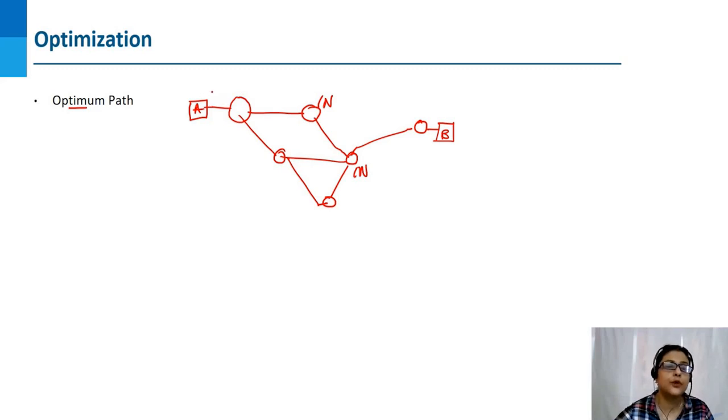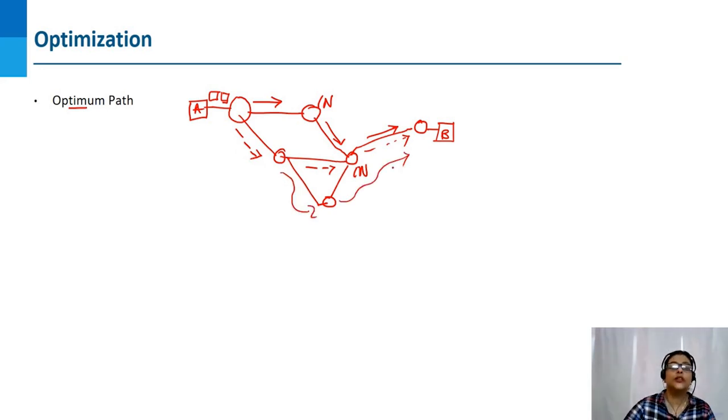Optimum path means suppose A wants to send 2 packets to B. So which path should it take? Should it take this path and then here and then this one? Or it should take this path, then this path and then this path? Or still this path, then this one, then like this it can go here. So there are many paths through which the packets may be sent from the sender to the receiver.